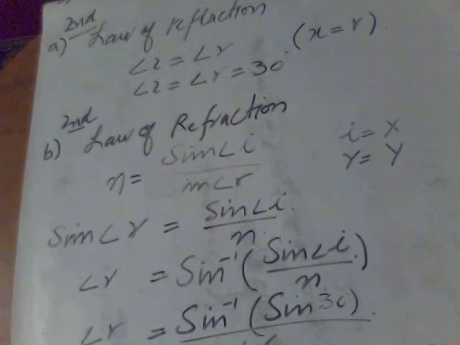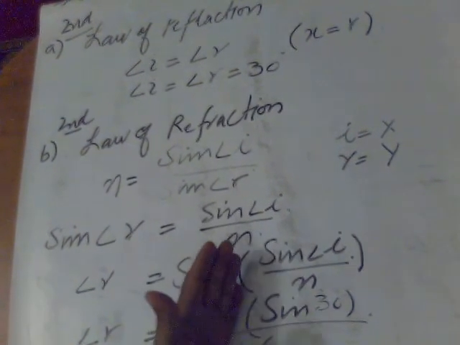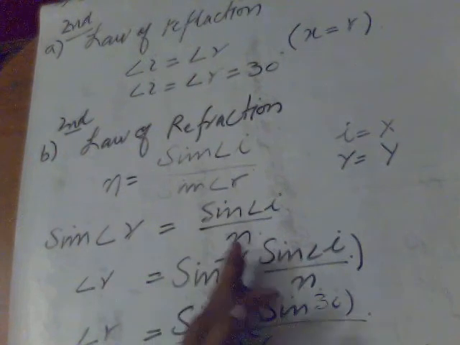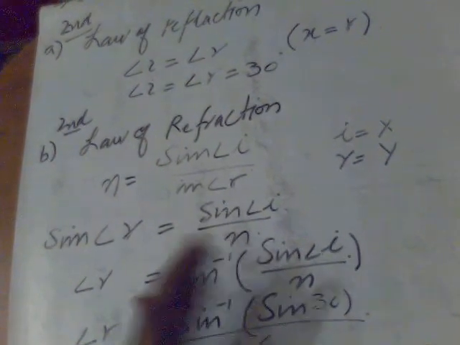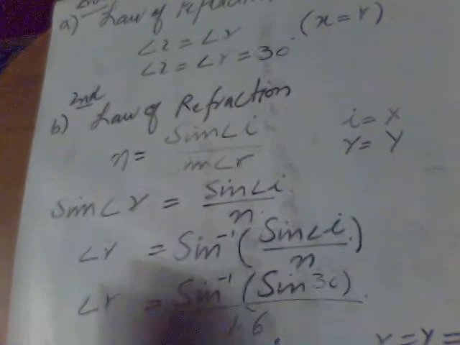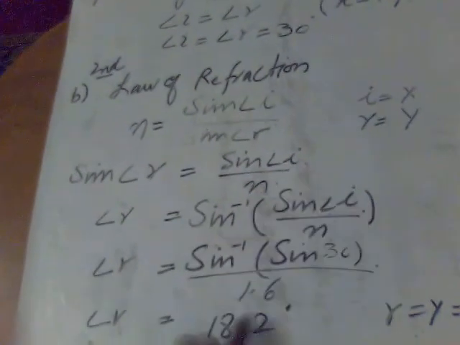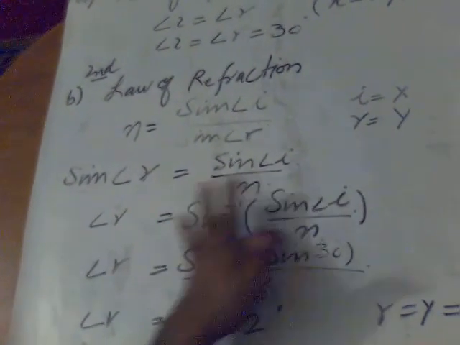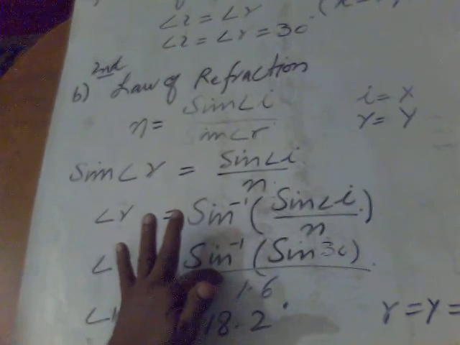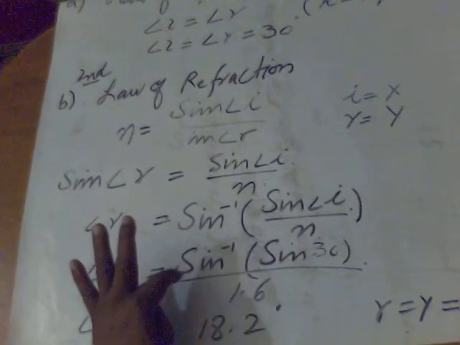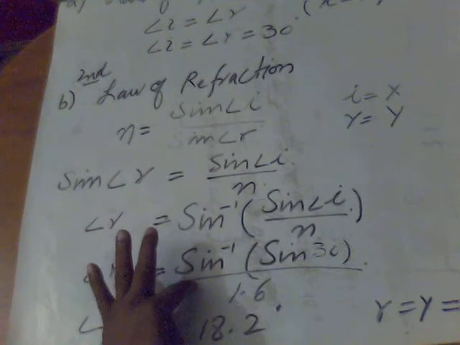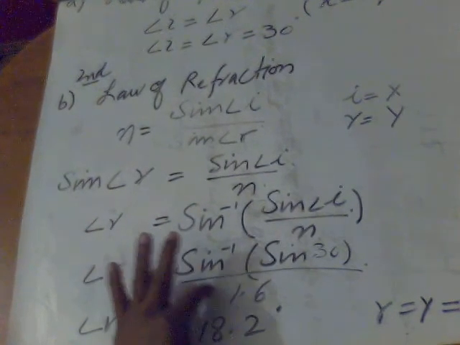When we put in the values, first we solve this portion: sine 30 divided by 1.6. Whatever the answer comes, after that you calculate the inverse of the sine using a calculator.